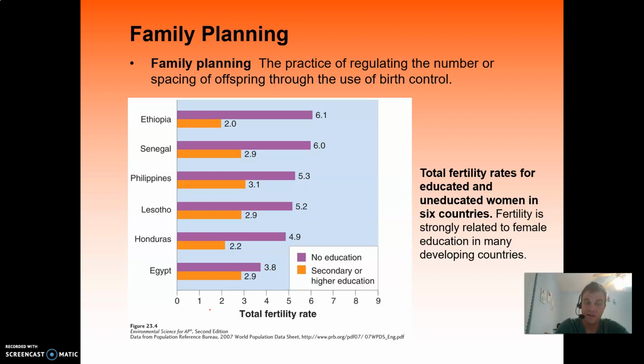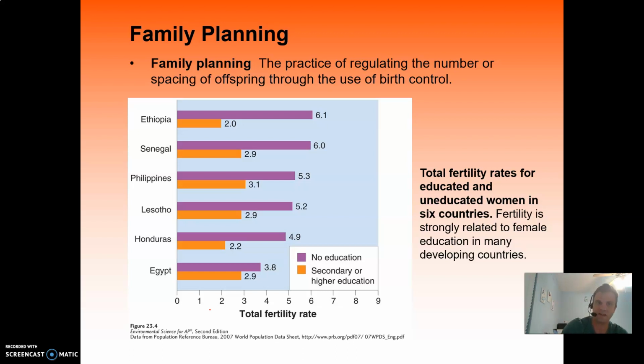So, family planning is the practice of regulation of the number and spacing of offspring through the use of birth control. And this really comes along with education and better jobs, and people end up doing a better job of family planning and having a lower fertility rate, which is really good for their country if you don't have an explosion of population and the resources to provide for them.